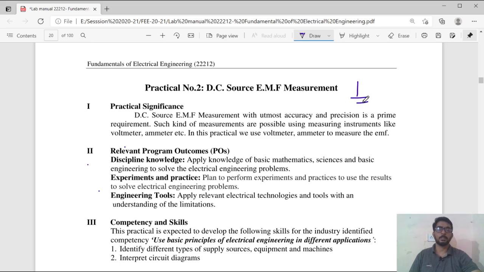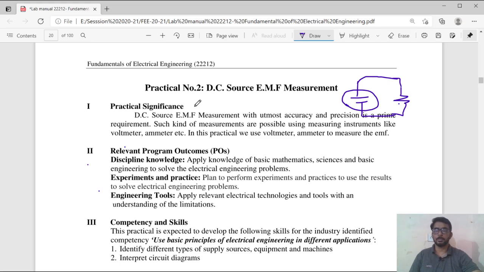let us assume this is a DC source, it has some electromotive force which gives energy to the electrons to flow through a particular load, and it converts this electrical energy into the particular application.